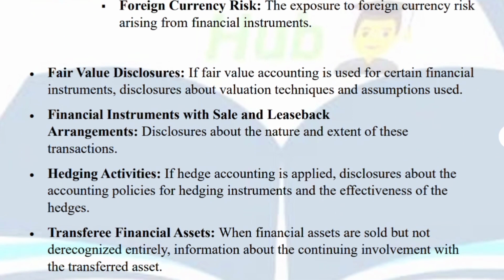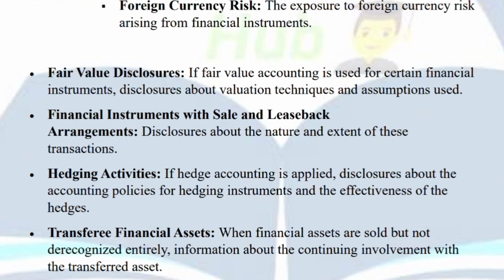Okay. What are the other disclosures that the company has to make in relation to financial instruments under IFRS 7? Another one is fair value disclosures, because if fair value accounting is utilized for a certain financial instrument, then the entity must disclose the valuation technique as well as the assumptions that are important in this case.